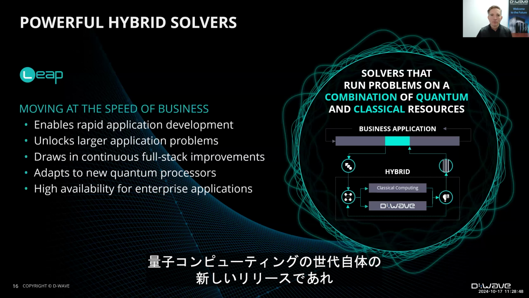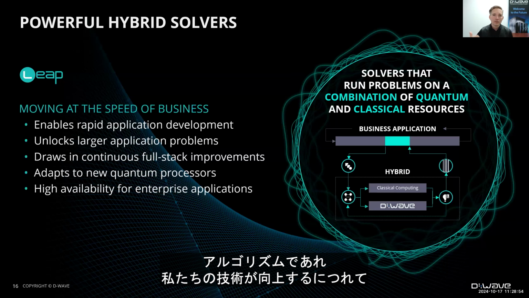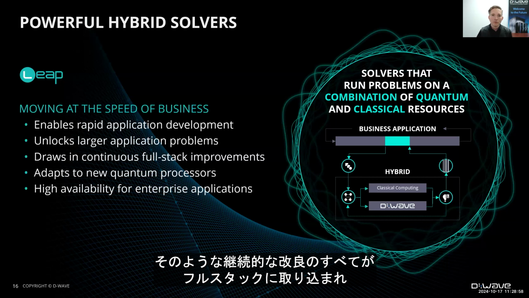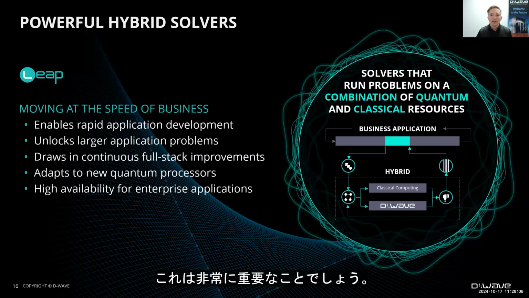And as our technology improves, whether it's new releases of quantum computing generations themselves, or the algorithms that we're developing in these hybrid contexts, all of those continuous improvements get drawn into the full stack and create a compounding benefit for the applications that are running on it. So this, I think, has been really critical.